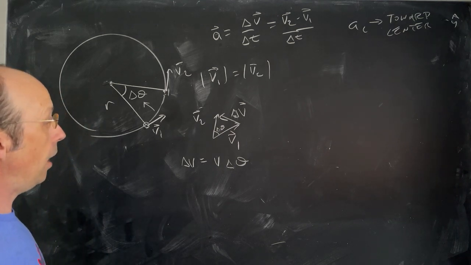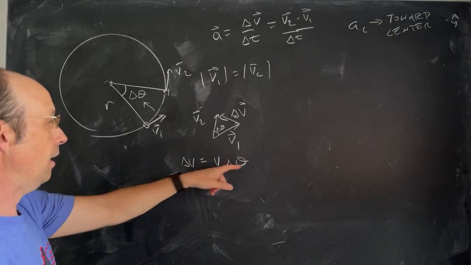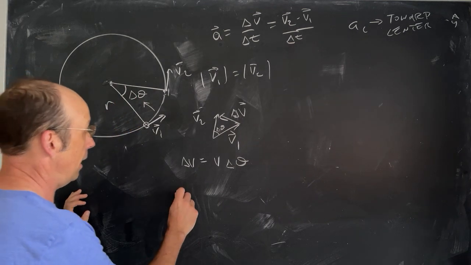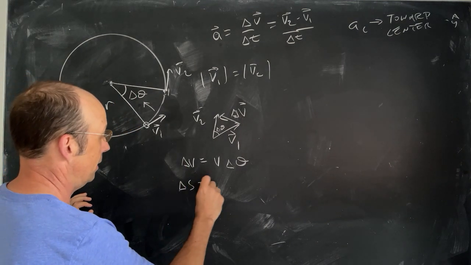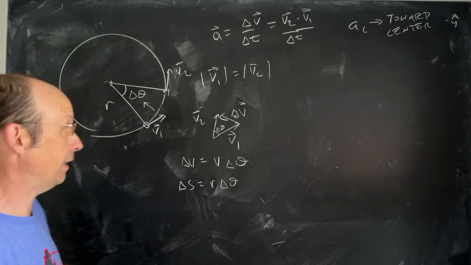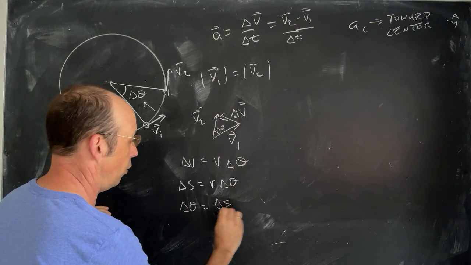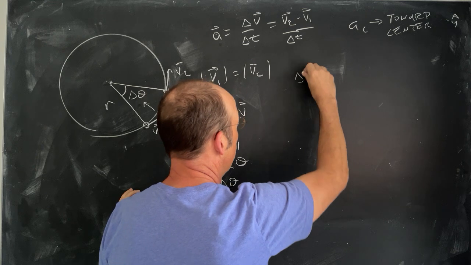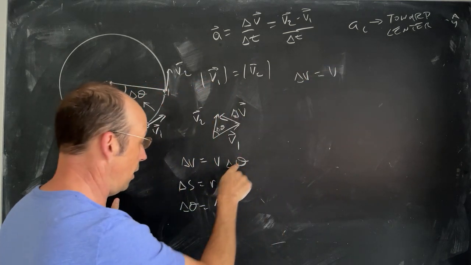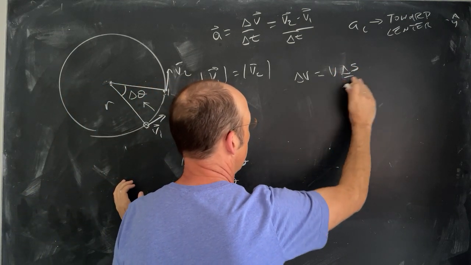Okay. Now I want to get rid of delta theta. So I'm going to go back to this relationship, and I know that delta s is r delta theta. That's what we said before, right? That's the arc length. So this means that delta theta is delta s over r, and if I put that up here, I get delta v is v times delta theta, which is delta s over r.